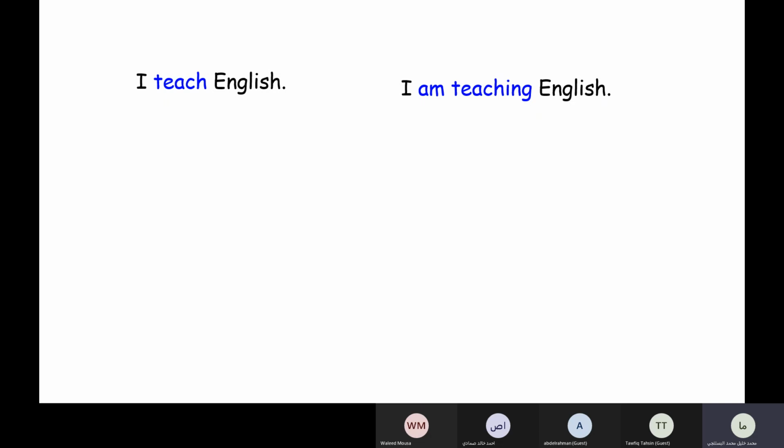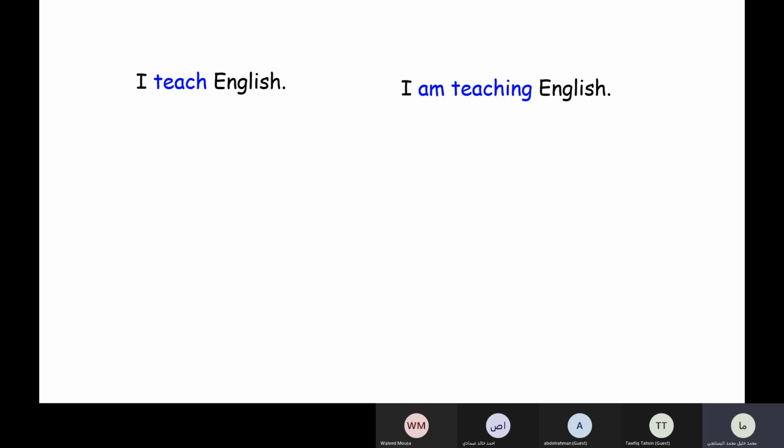Here we have different uses for the present progressive. One of them is used with actions which are happening now. Yes, right now. We use the present progressive with this situation.